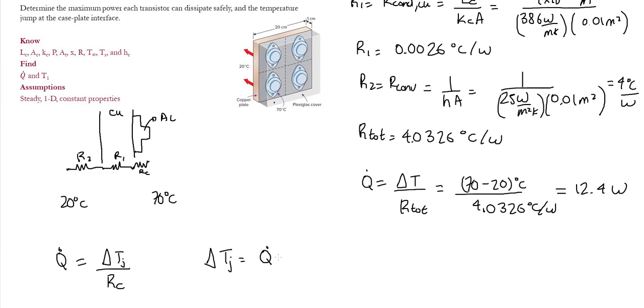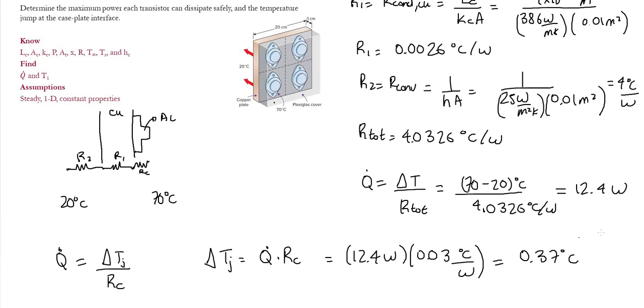So we have Q dot times the contact resistance: 12.4 watts times 0.03 Celsius per watt, and the jump is going to be 0.37 Celsius.